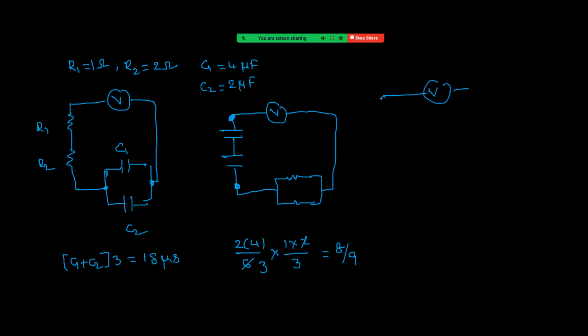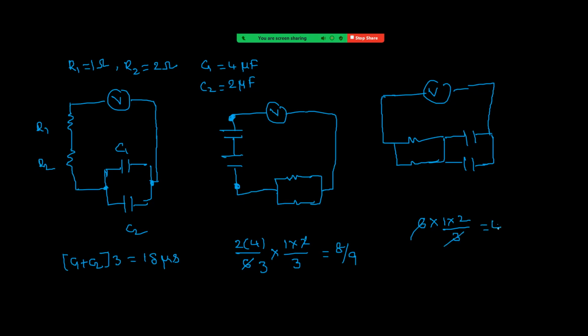These two resistors are parallel and the capacitors are also in parallel combination. Again, across the capacitor combination, these are in parallel combination. So capacitor parallel means C1 plus C2, that is 6. And for these two resistors in parallel, R1 R2 by R1 plus R2, means 1 into 2 by 1 plus 2.